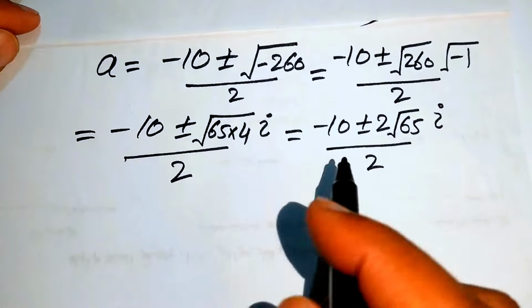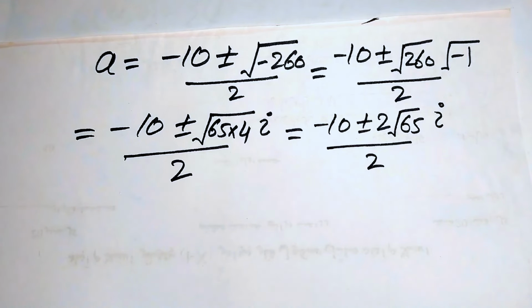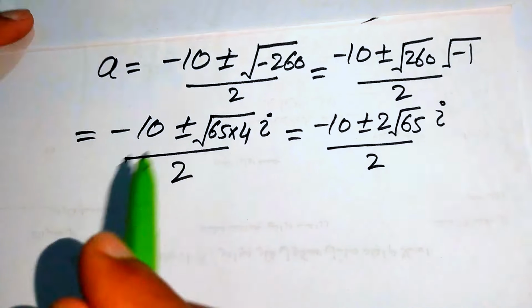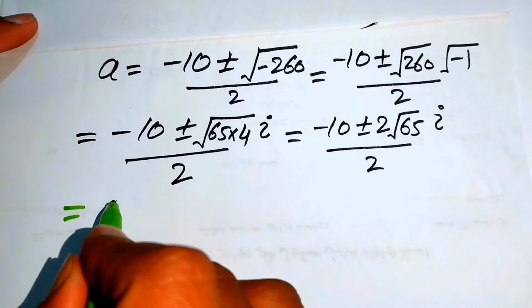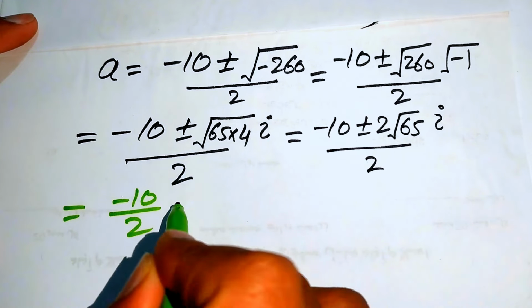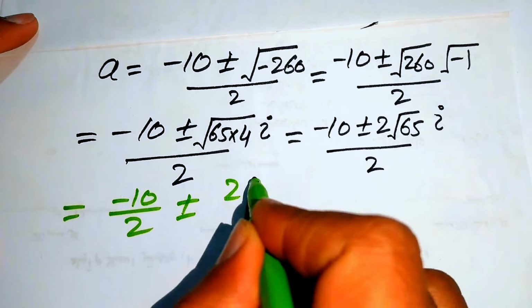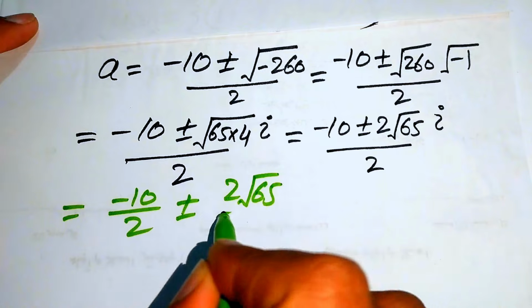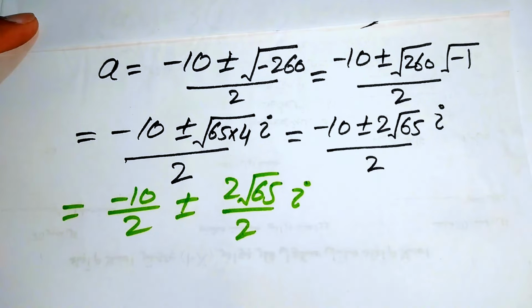Here we separate these two terms and we move towards our final answer. First we separate the terms and we have minus 10 over 2 plus minus 2 times square root of 65 divided by 2 times iota.